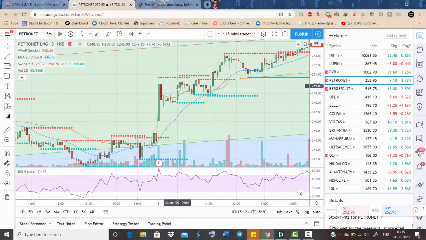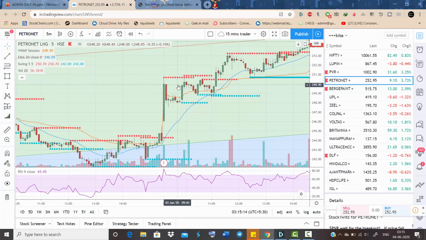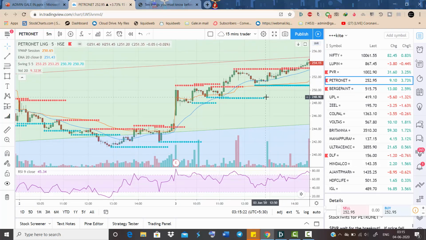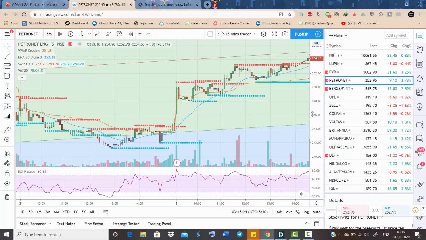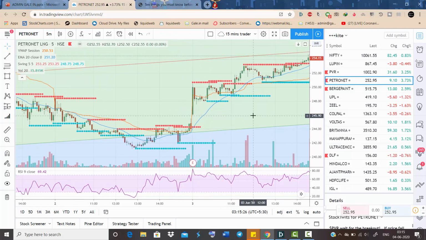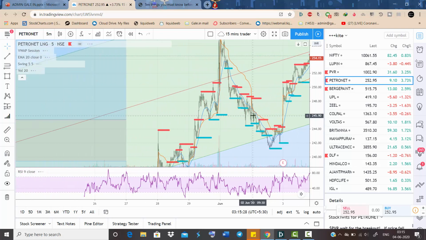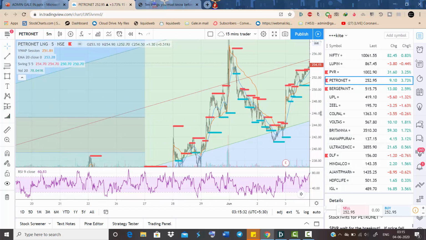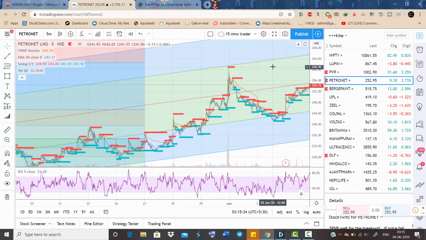So we entered at 250. We were expecting a target closer to this median line, which is 250 and a half. What the Fibonacci retracement suggests is that from about 245 the stock can move to 262.